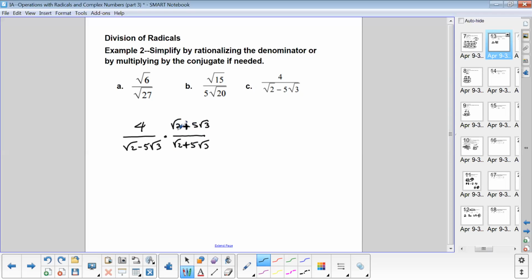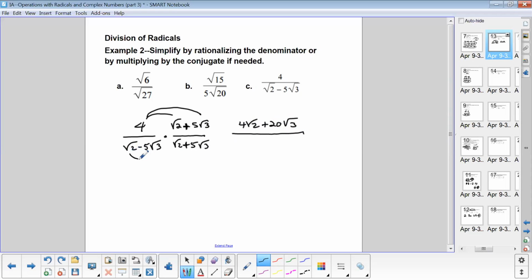So you're really multiplying by 1, which doesn't change the problem because you're using the identity property. But then when you multiply 4 by both of those, you're going to get 4 square roots of 2 plus 20 square roots of 3, and then we look at what we can simplify in the denominator.